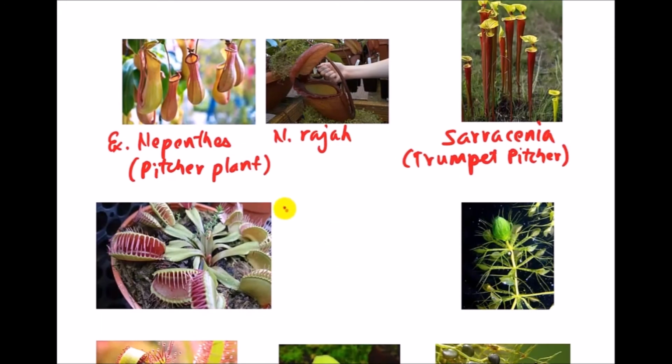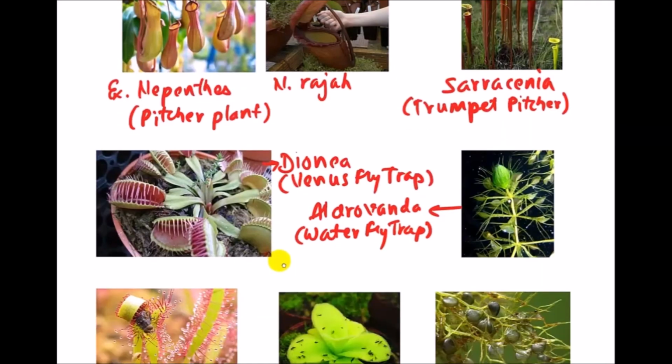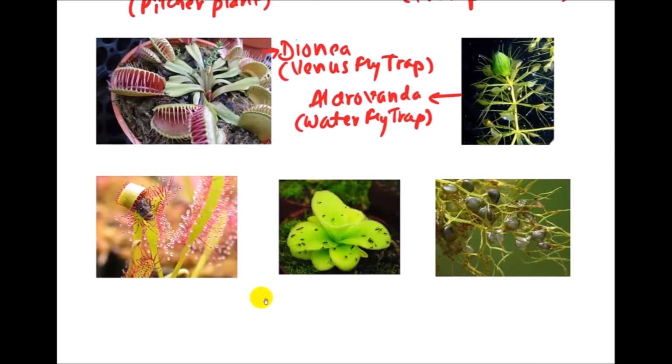Now this is Dionaea, which is also known as Venus flytrap, while this plant is Aldrovanda and is commonly known as water flytrap. This is Drosera.